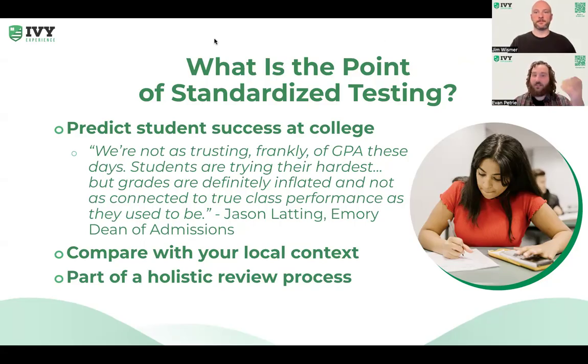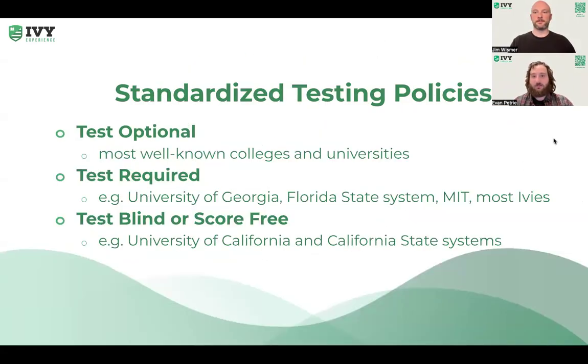But speaking of when they are used and required, I'm going to segue into my next slide here. There are three major policies that we'll see with colleges regarding submission of test scores. Those will be test optional, test required, and test blind. Test optional is somewhat self-explanatory.